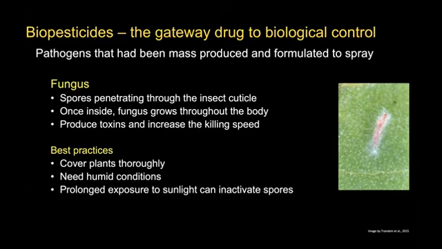Some of the fungal species also produce toxins that increase the killing speed. So what we are looking at on the picture on the right is that fuzzy looking insect. It's been killed by the fungal biopesticide.